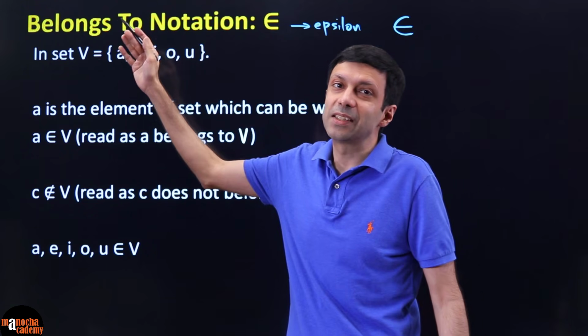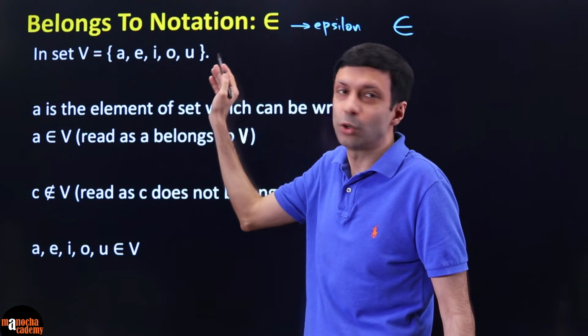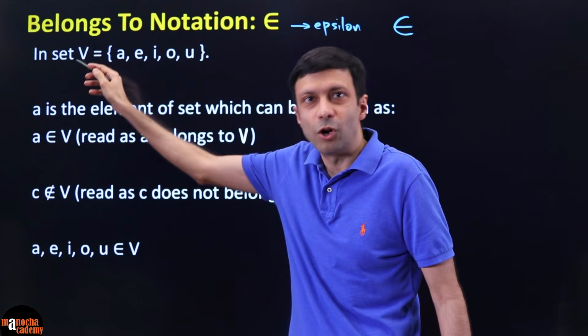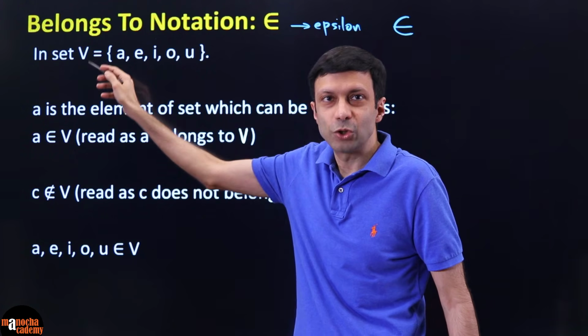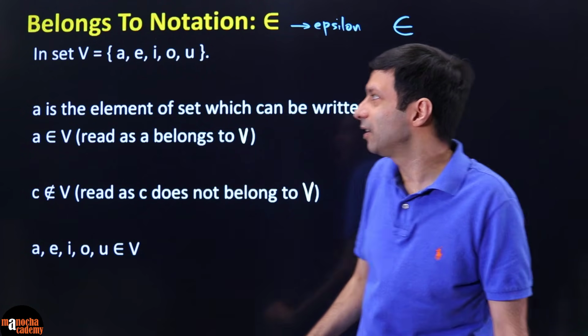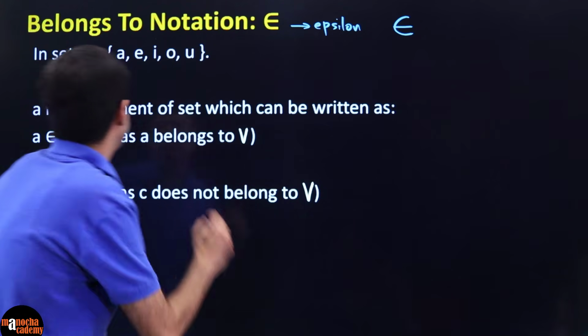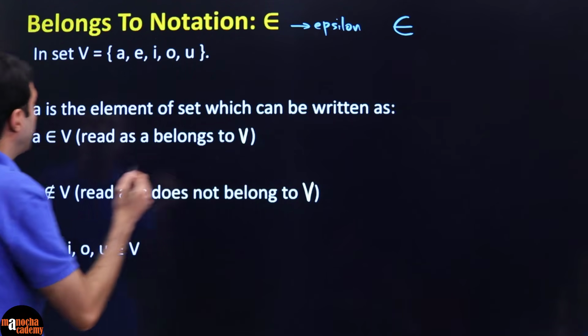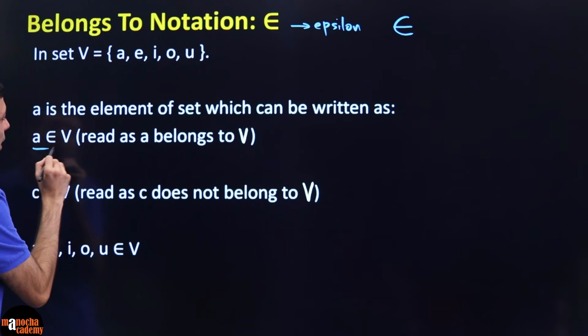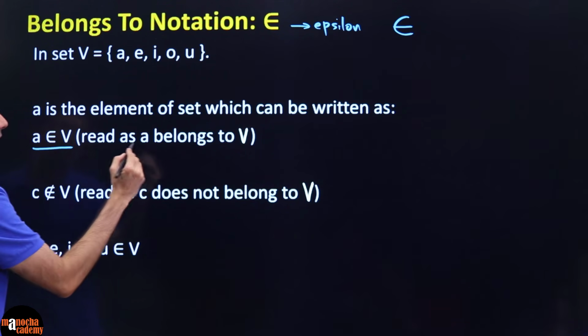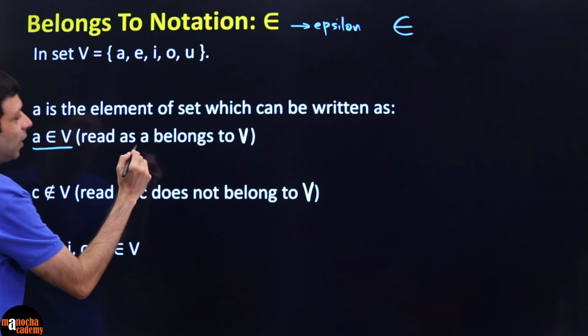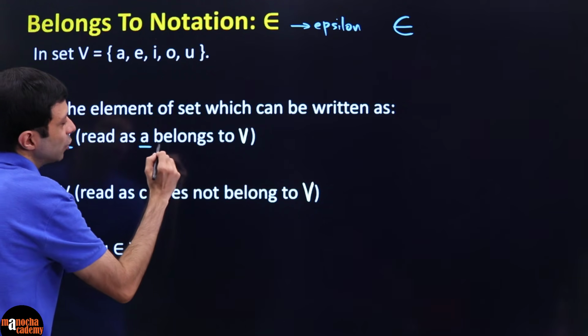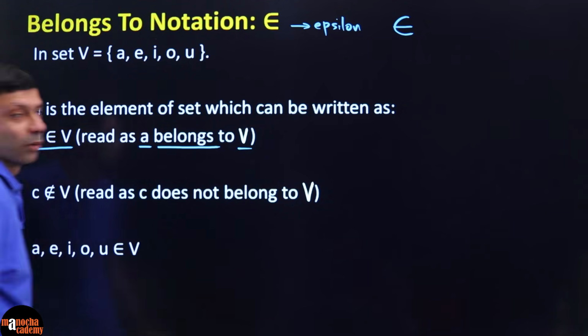If you take a look at this set of vowels A, E, I, O, U, I can say that A belongs to the set V, E belongs to the set V. So how do we represent it? Since A is an element of the set, we write it as A belongs to V, right? And we read this epsilon symbol as belongs to, so A belongs to the set of vowels.